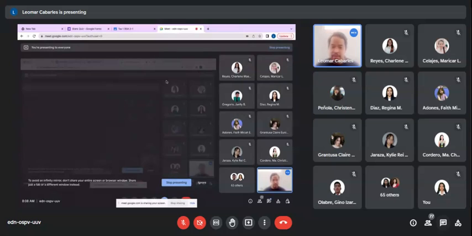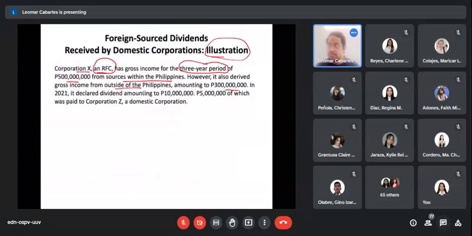Okay? So in 2021, it declared dividend amounting to 10 million. So 5 million of which was paid to Corporation Z. So ito yung domestic corporation. Actually, sa illustration na to, ang perspective natin is si Corporation Z. Okay?